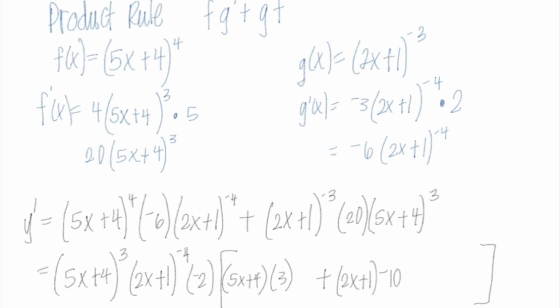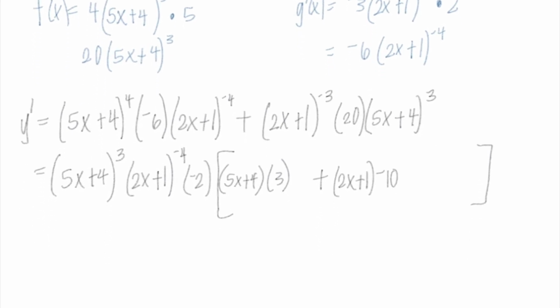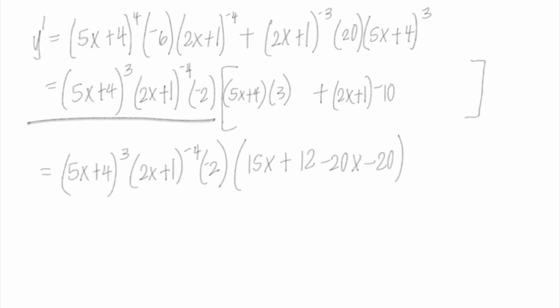At this point, look at the GCF. The GCF that I pulled out is factored, right? It's something times something times something times something. The only thing I need to simplify at this point is that what's inside of these brackets can be distributed and combined. When I distribute inside the brackets, I get 15x plus 12, and then I had to distribute a negative 10 to the 2 and to the 1.